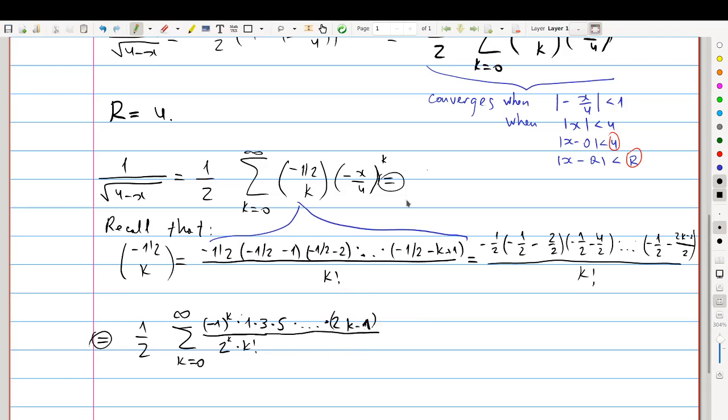And after this comes the factor containing x from the series. So this is just a transformed version of the binomial coefficient. Now I will put in here the minus x over 4 to the k, which I will rewrite like so. I will write it as minus 1 to the k times x to the k divided by 4 to the k.